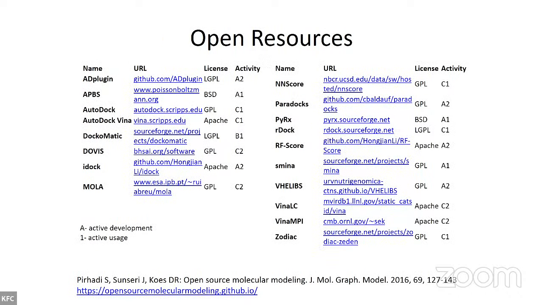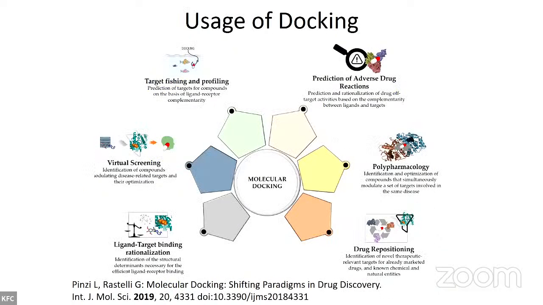So there are plenty of open resources you can use to run docking, and you can use them for multiple things, like to find some targets, to run virtual screening, to make a rationalization of what to do next in an optimization of a drug molecule, to try to use a drug for a new target in drug repurposing, and to look for the prediction of adverse drug reactions and so on.